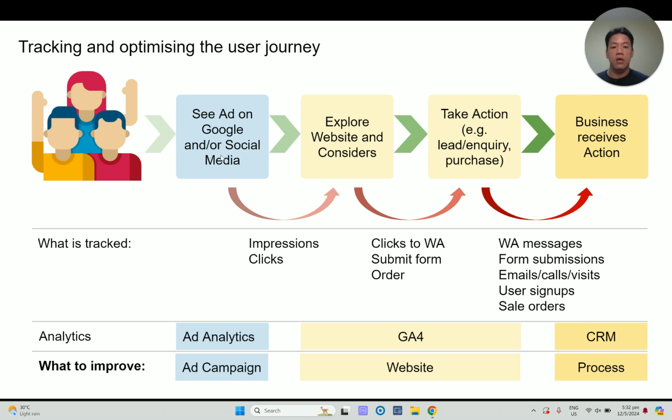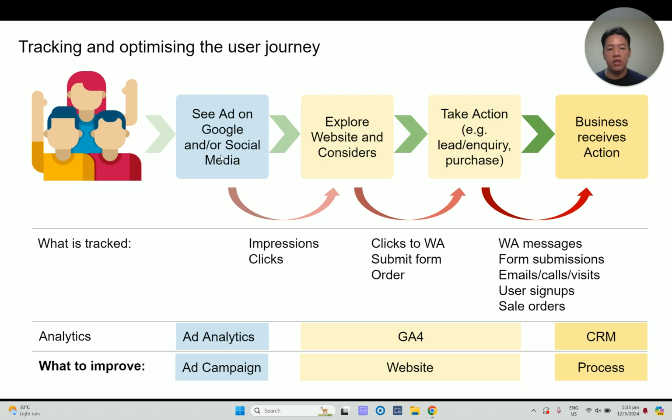Because again, we live in a world of attention, right? The whole idea is if you are able to get the attention of the market, if you are able to be top of mind and you're showing up with your ad campaign wherever your target users are, there's a good chance that a portion of that attention will translate to people who are interested in what your ads have to offer and then click on it to go to your website, right?